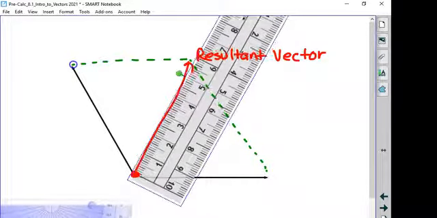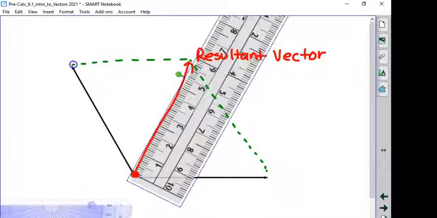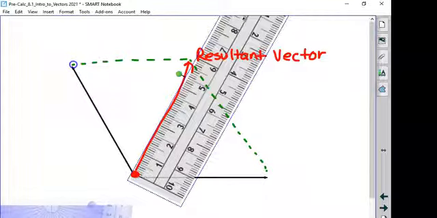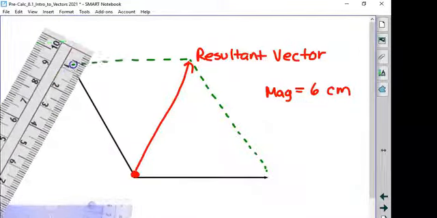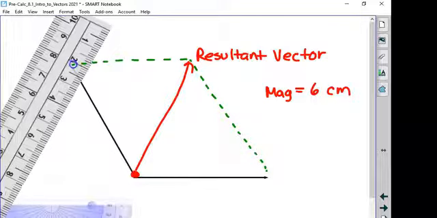So starting at 0, it's about 6, pretty close to 6. We're going to go with that. So the magnitude is about 6 centimeters. That's the length, which we also talk about in terms of force. So this is 6 centimeters.